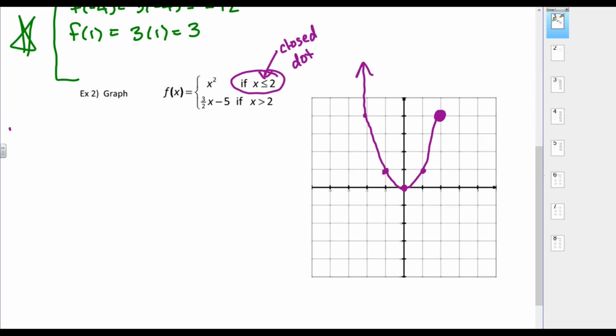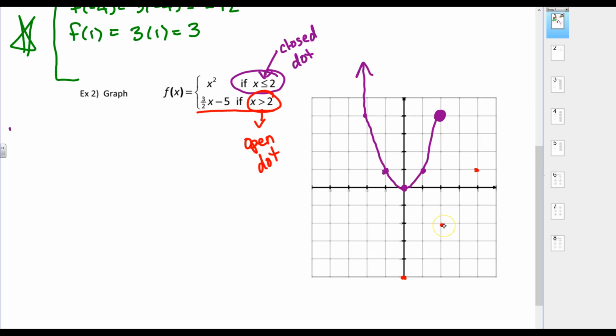Whereas this next piece of my function is 3 halves x minus 5 if x is greater than 2. If I were just graphing this normally, I would start at negative 5, and then I would use my slope, up 3 over 2, up 3 over 2, so on and so forth to get a line. Now I only want it when x is greater than 2, which means I want an open dot when x is 2.